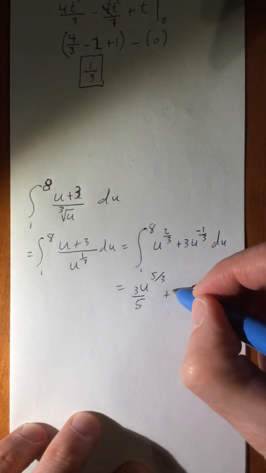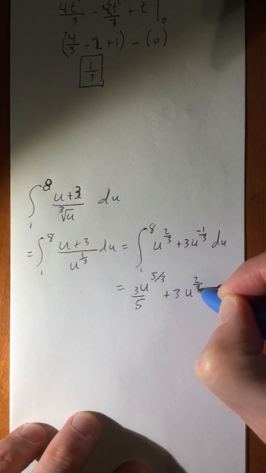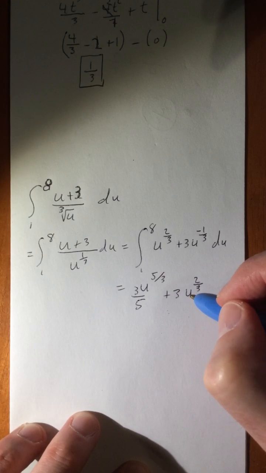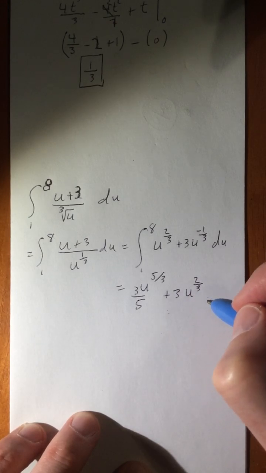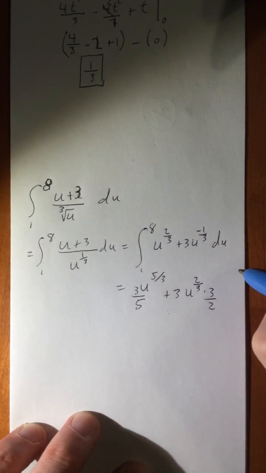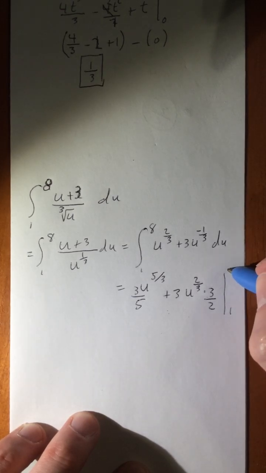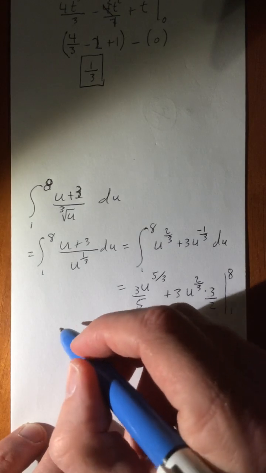So we get plus 3u to the 2/3 over 2/3, aka times 3/2. And then we'll evaluate that from 1 to 8. And let's do that over here.